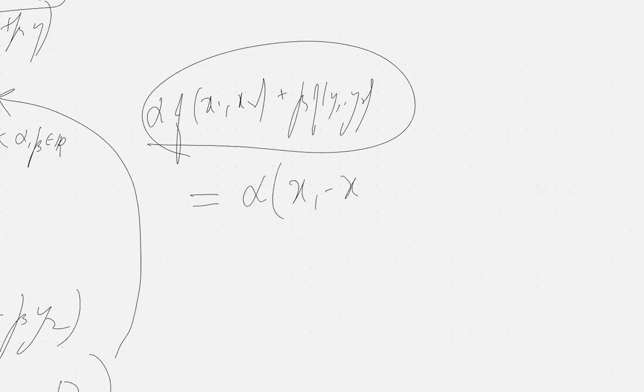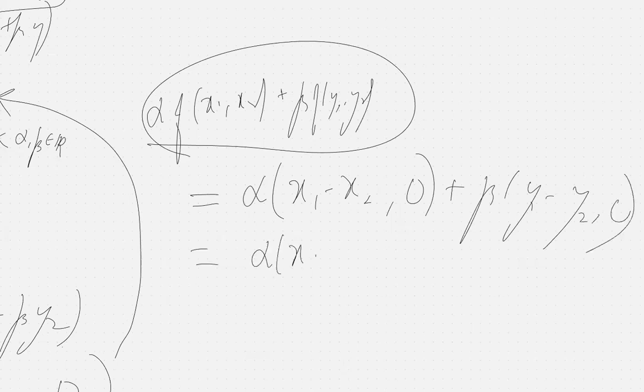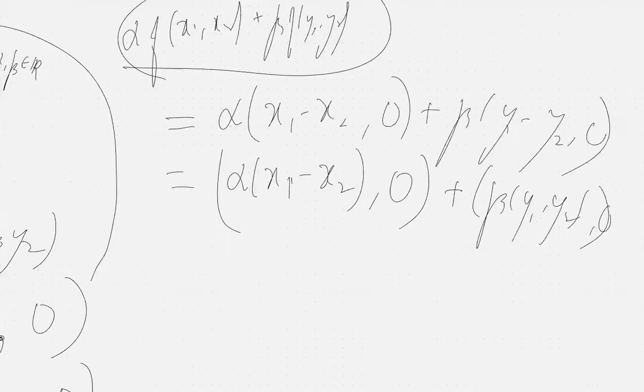So this would be equal to, alpha goes inside, alpha times x1 minus x2, alpha times 0 is 0, comma 0, plus beta times y1 minus y2 comma 0. Now we can add them. This would be alpha x1 minus x2 plus beta times y1 minus y2 comma 0.